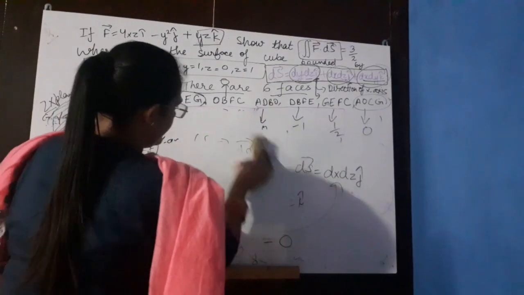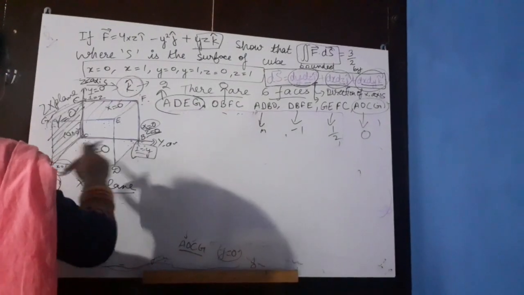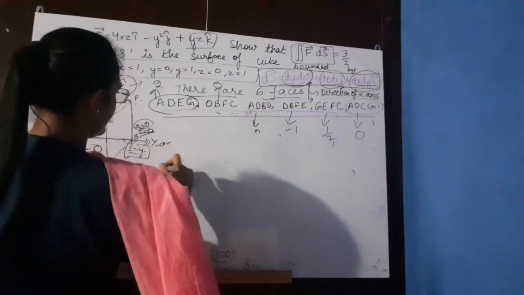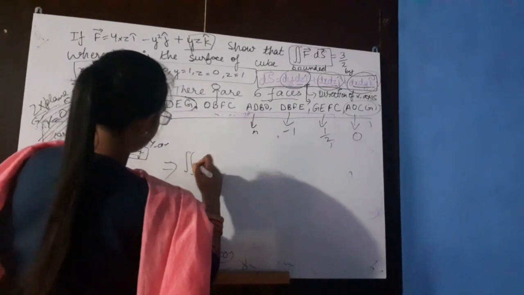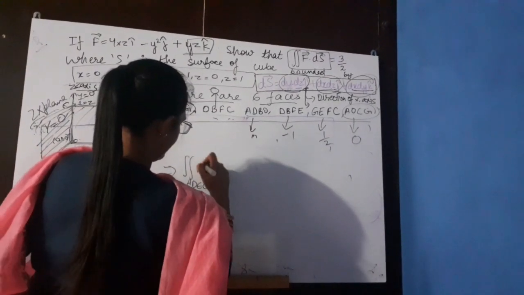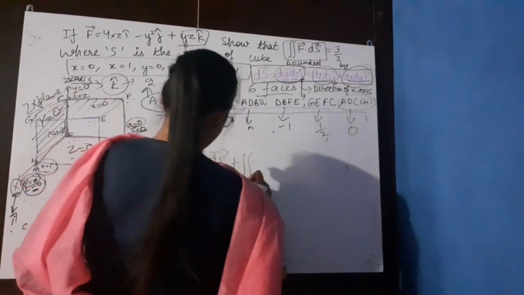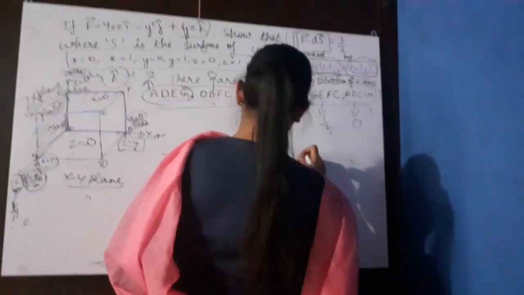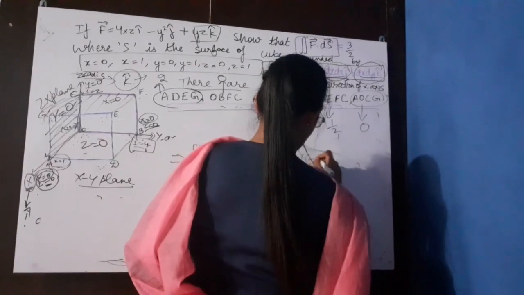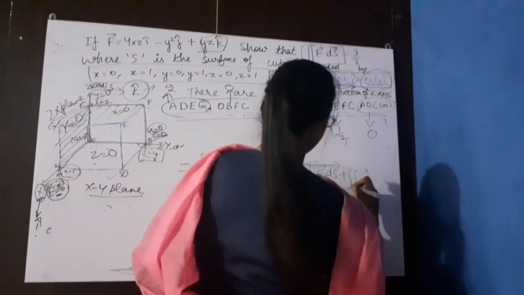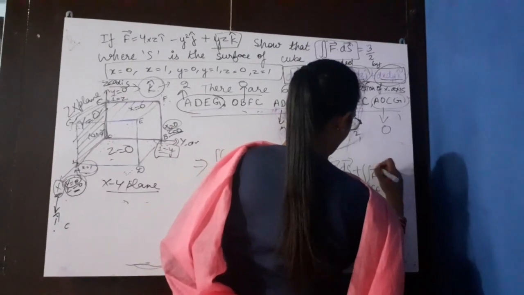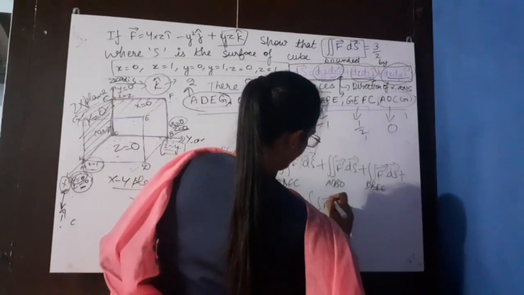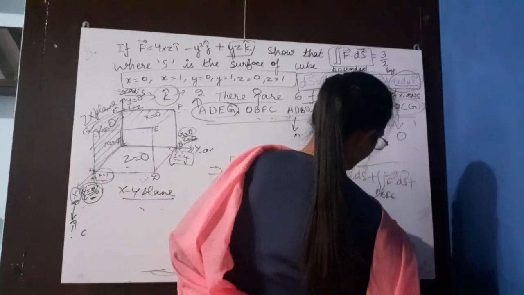Now the surface integral of this whole cube is given by adding the surface integrals of all the faces: F dot ds over ADEG, OBFC, ADBO, plus DBFE, GEFC and AOCG.